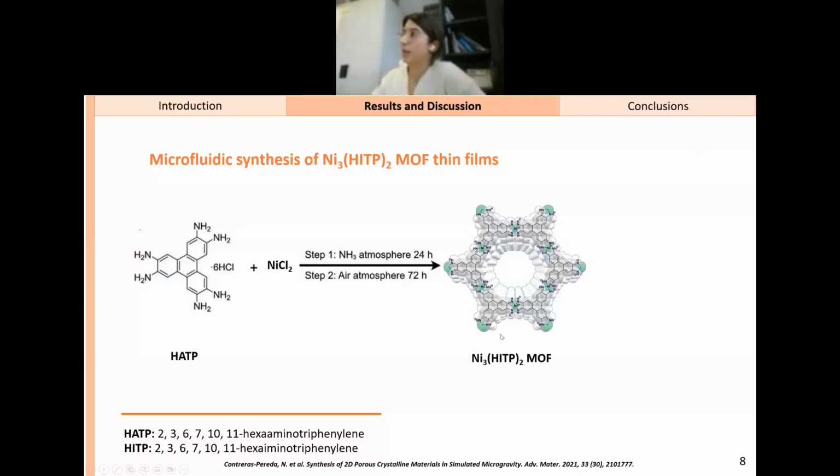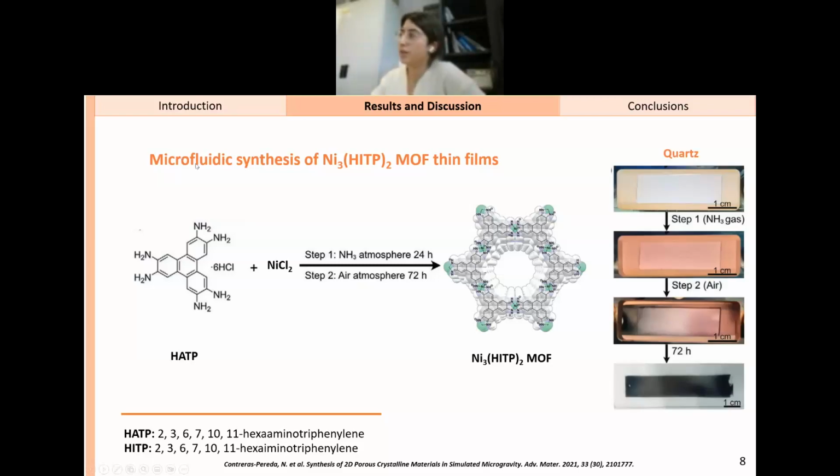So because of these reasons, when it is synthesized inside this microfluidic device, in the case of employing a quartz substrate, we observe that after the first step, there's this pink intermediate that is formed. And then finally, after the air atmosphere, you obtain this black thin film that is due to the nickel HITP MOF.